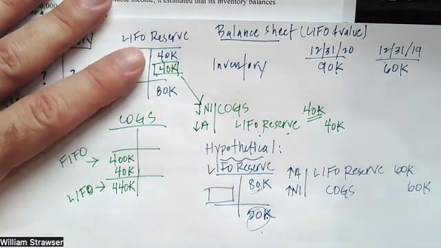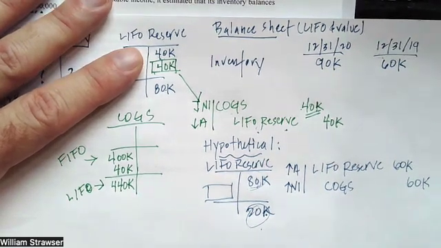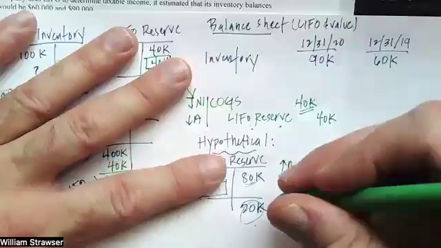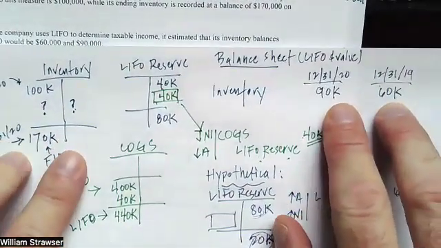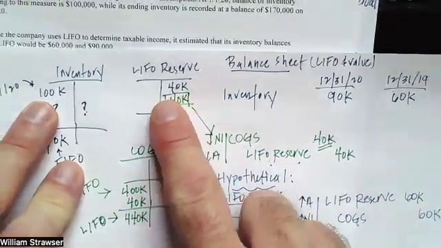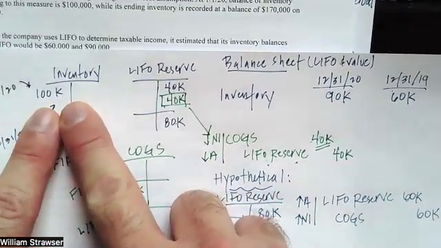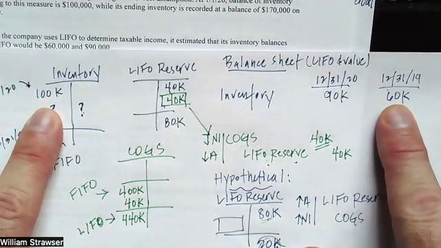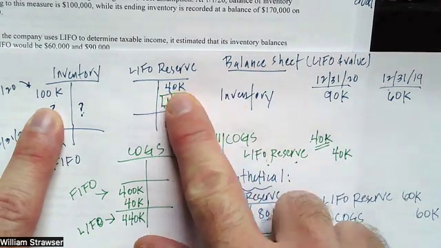And the other super important piece to understanding LIFO reserve and really setting it up, and it's a little clear here, but I'll spell it out for you. In order to figure out what these balances were, we looked at what the FIFO balance is at that date and what the LIFO balance is at that date. Take the difference. That's the balance here in my LIFO reserve.